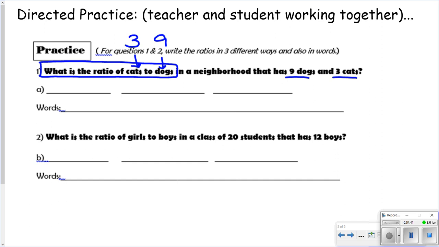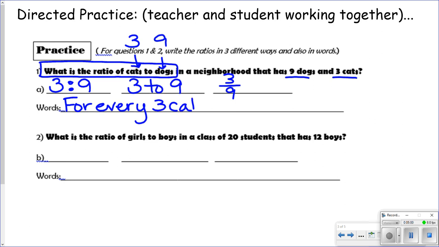From there, I will write it in the 3 forms. And now I need my word form. For every 3 cats, there are 9 dogs.